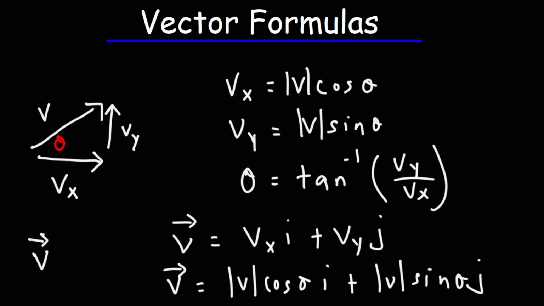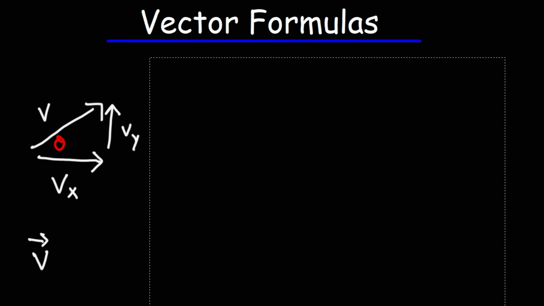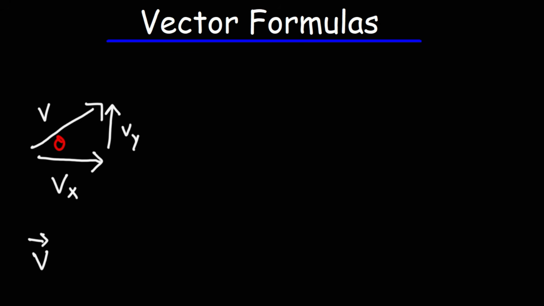So you can also write a vector in terms of its components using the standard unit vectors i, j, and k. A unit vector is a vector whose length or whose magnitude is always 1, and its purpose is to give direction to another vector.